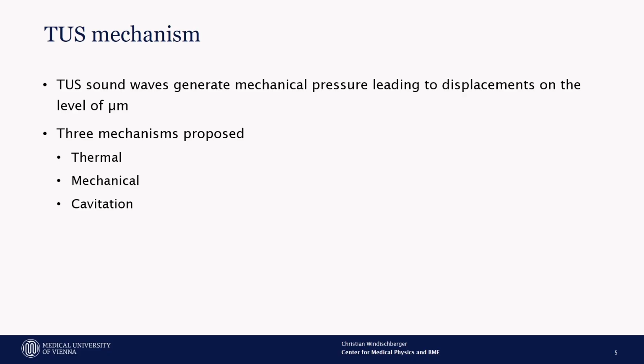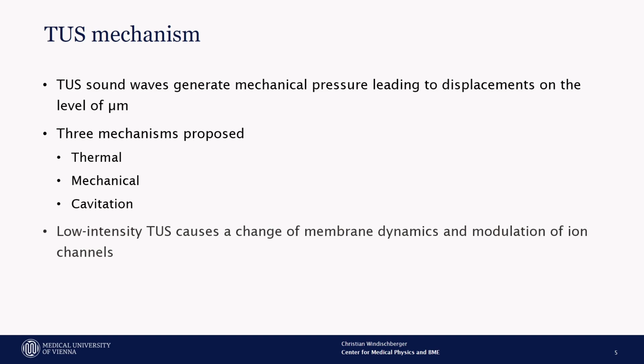Finally, cavitation. Cavitation means that the sound waves cause little air bubbles to appear in the tissue. This is an effect that's been used in ultrasound variants that are aiming at, for instance, opening the blood-brain barrier, but also in low-intensity focused ultrasound, which is the focus of my talk here. This is not happening.